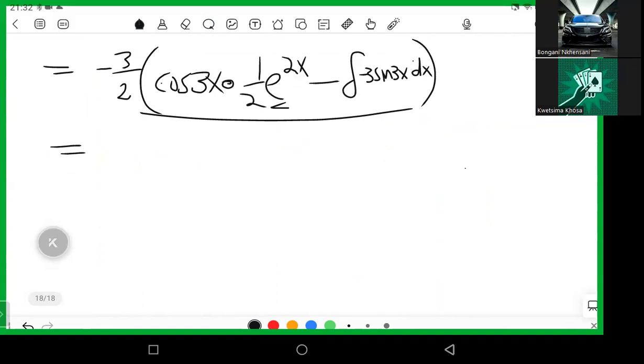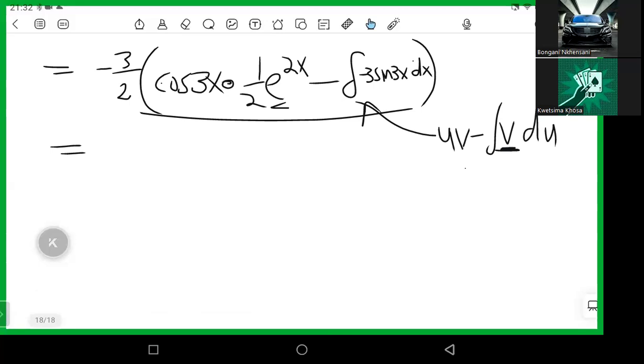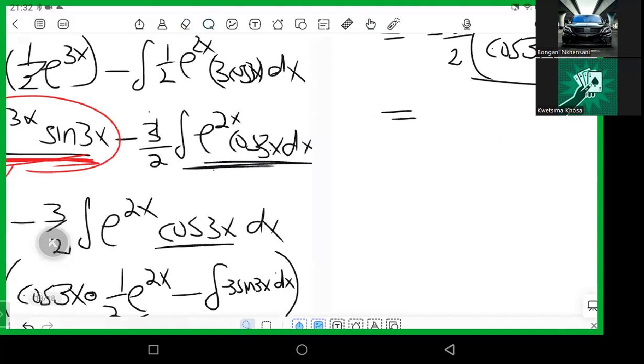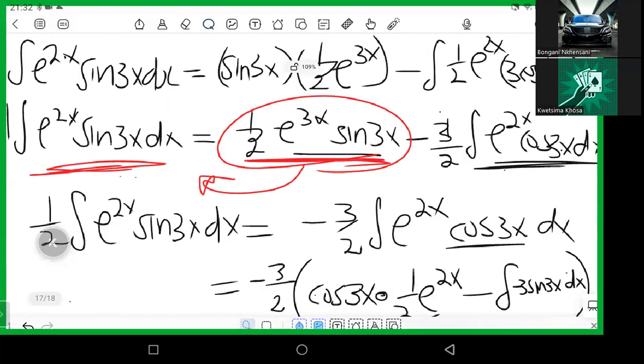Here we know that we're using this formula, uv minus the integral of v du. Let's just confirm if I replaced the value of v. I didn't replace it, so I must replace it. The value of v is 1/2 e to the exponent 2x, and here we would have dx. I must insert it here too, the integral of 1/2 e to the 2x.